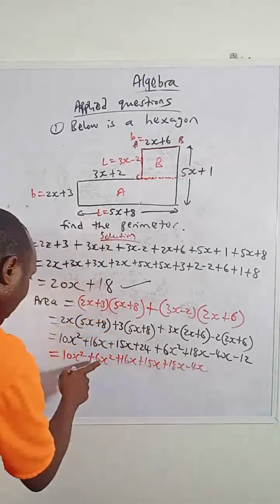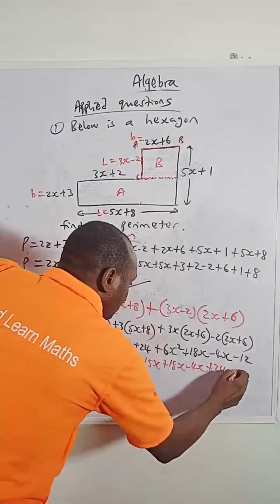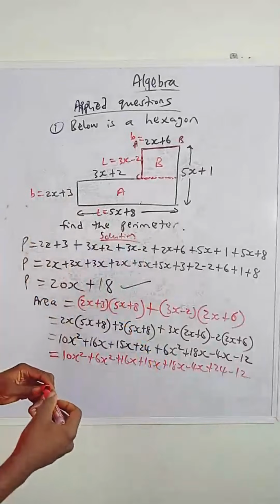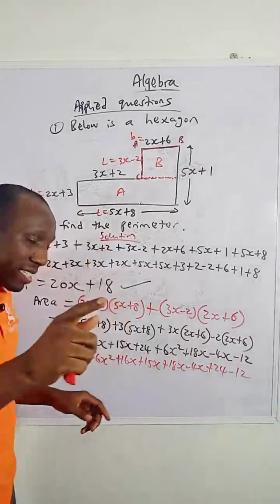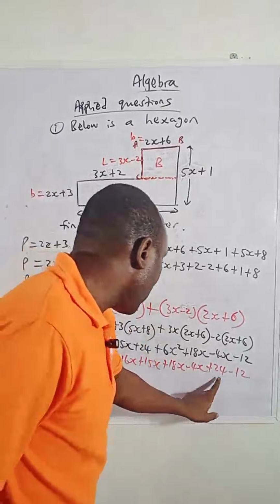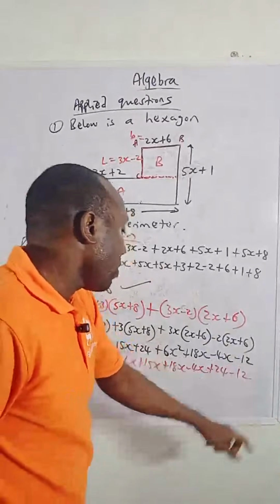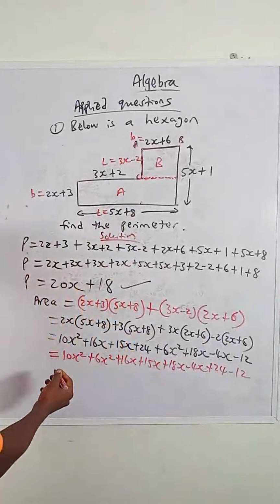What are the constant terms? 24 and minus 12, so plus 24 minus 12. It's good to also count to be sure that you've not missed anything: 1, 2, 3, 4, 5, 6, 7, 8. Perfect. Now let's simplify this further.